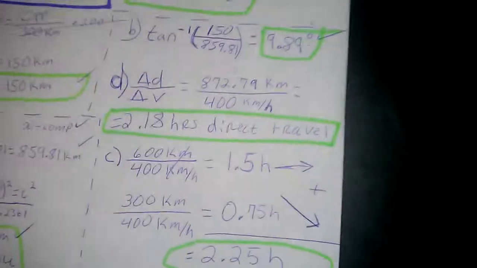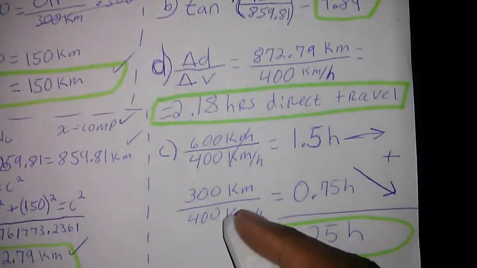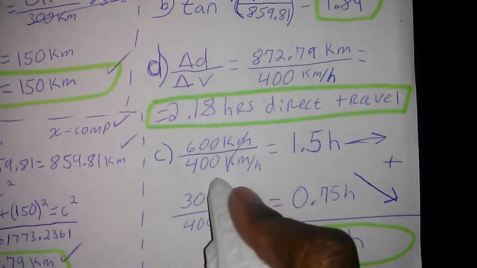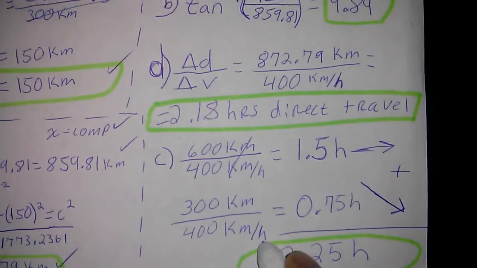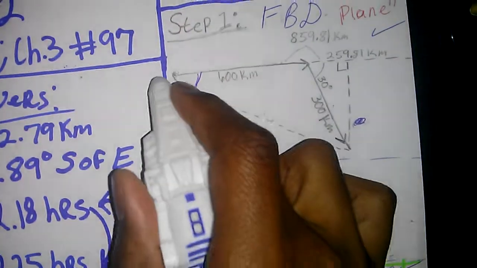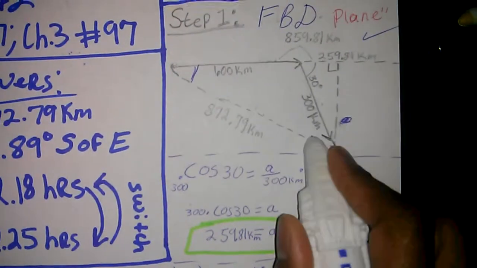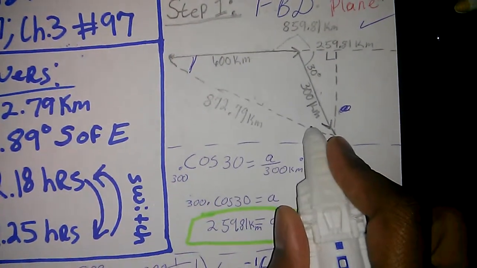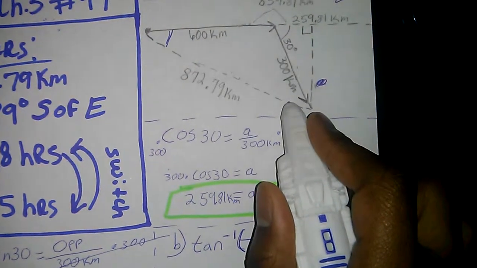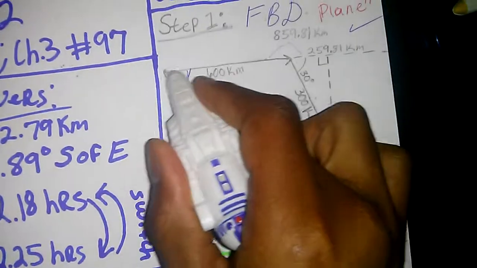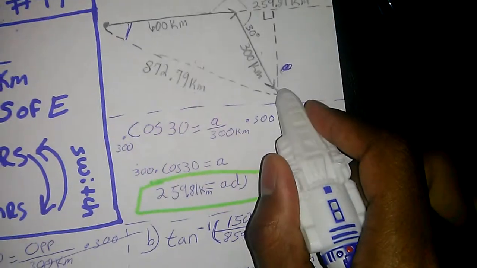Not exactly sure the minutes on it. And that's if it flew at a constant velocity of 400 kilometers per hour. It's pretty fast. So if it went from this point to this point at 400 kilometers per hour, that's how much it'll take. Now, correction, that's how much it'll take if it goes this way and that way.